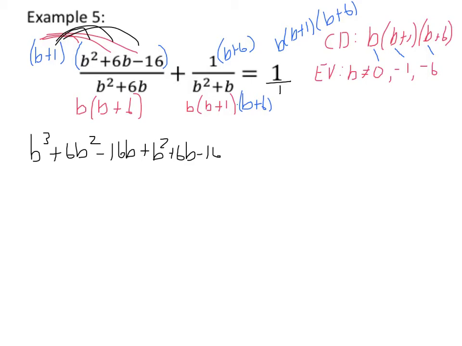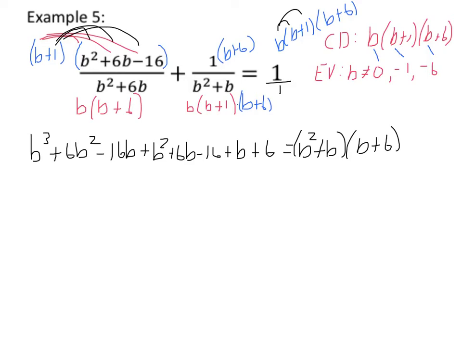The second fraction just has to be multiplied times 1, so it's just going to be a b, a positive b, plus 6. And the last one needs everything. So I'm going to first distribute that, and I get b squared plus b. So now I have this going on.